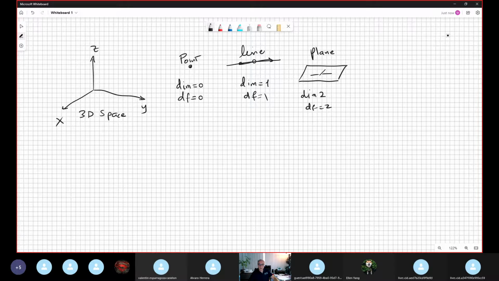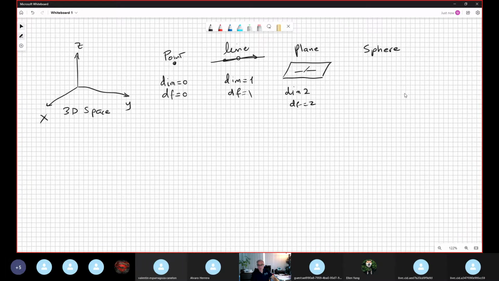this is a plane. We study also a sphere in the first lecture. A sphere is non-linear. A sphere is a ball. It's a three-dimensional ball. Let me try. Okay, a sphere.